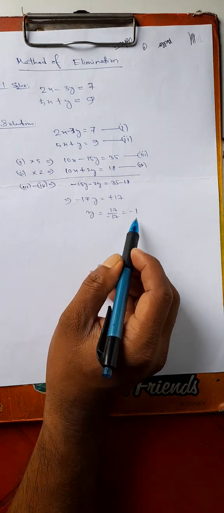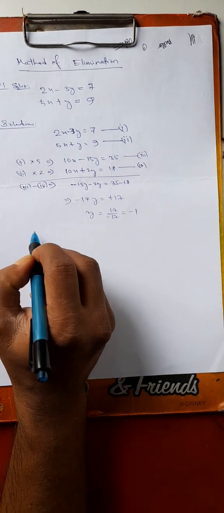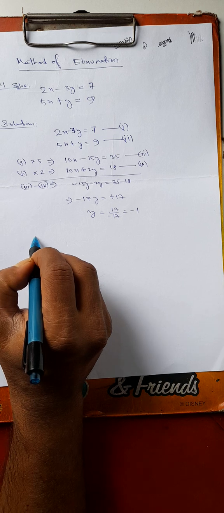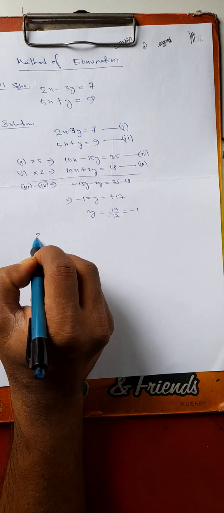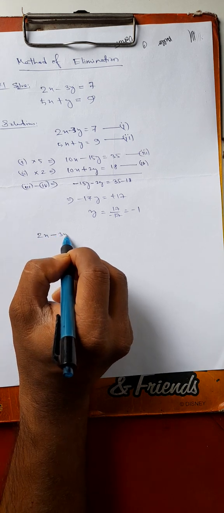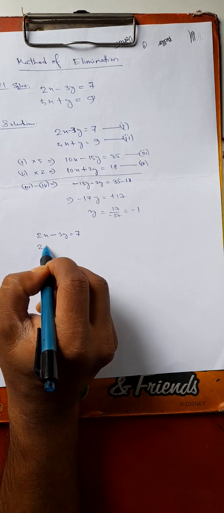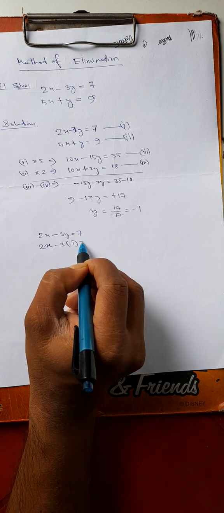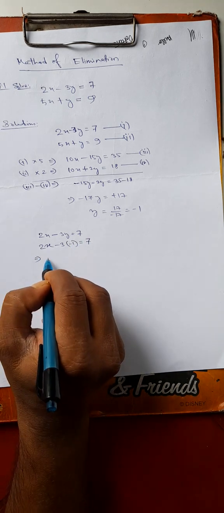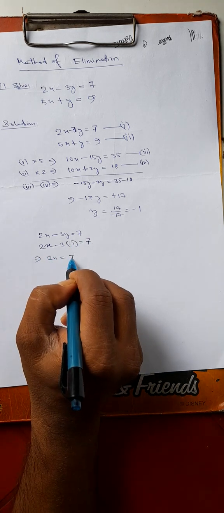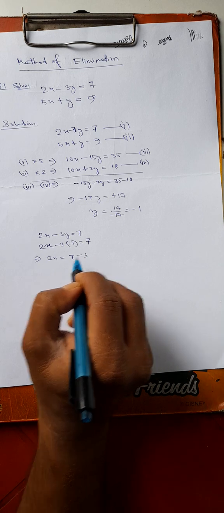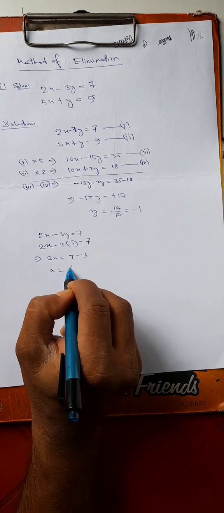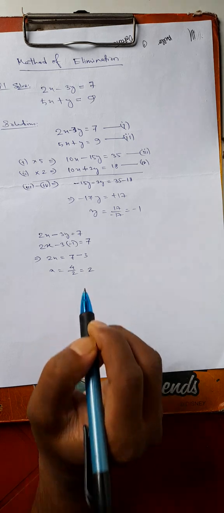So you got y equal to minus 1. Now from equation 1, 2x minus 3y equal to 7. 2 of x minus 3 into y, which is minus 1, equal to 7. This implies 2x equal to 7 minus 3, x equal to 4 by 2 equal to 2.